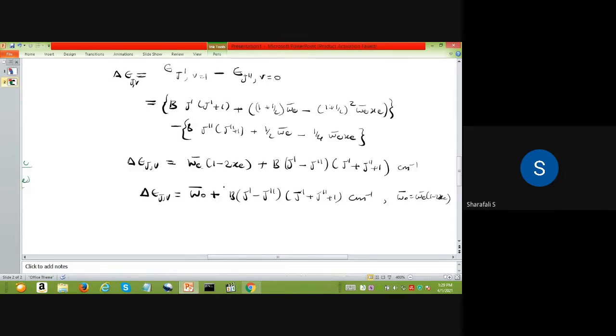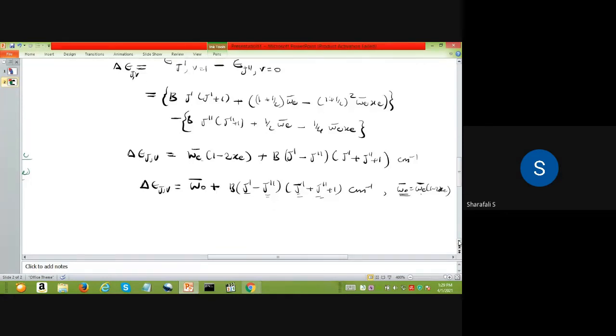So there we have both vibration and rotation, and between each rotational quantum number, the difference between those energy levels will be ω_0 bar plus B into (J' − J'') into (J' + J'' + 1). So this ω_0 bar is ω_e bar into (1 − 2x_e). Your energy level difference will be like this. So you can consider two different scenarios here.